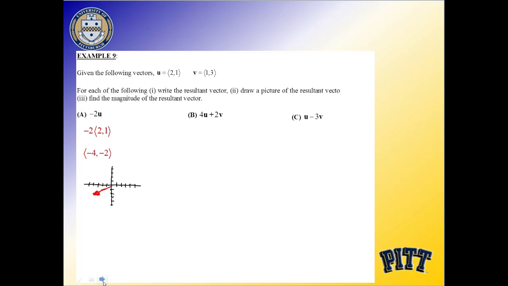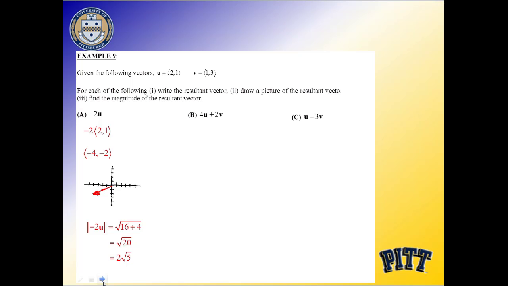As far as the magnitude goes, the magnitude of the vector is represented by the length of the picture. Now, I don't have to have the picture to do that, because essentially if I was to find the length of that arrow I just drew, I could use the Pythagorean theorem again. So if I just take the two parts of the vector and use the Pythagorean theorem on it, I get the magnitude. Now, magnitude looks like I have these double bars in place of absolute value symbols.